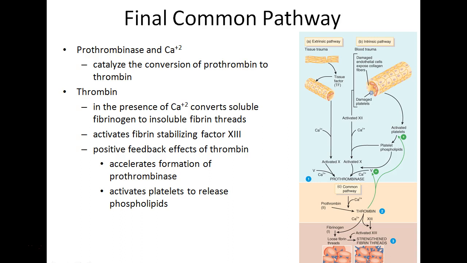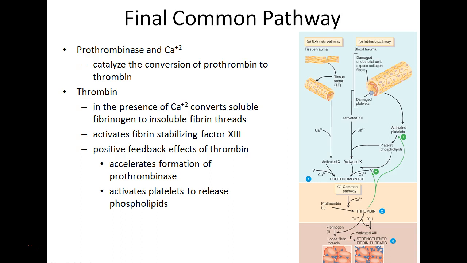After we get the prothrombinase created, we're going to follow what's called the final common pathway. In the presence of prothrombinase and calcium, we're going to have a chemical conversion happen, and we produce a substance called thrombin. And in the presence of thrombin, calcium converts soluble fibrinogen into insoluble fibrin threads.